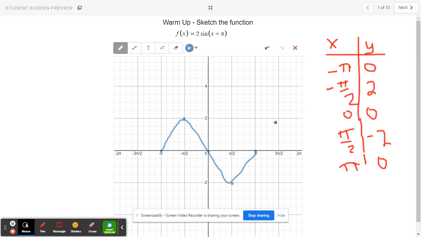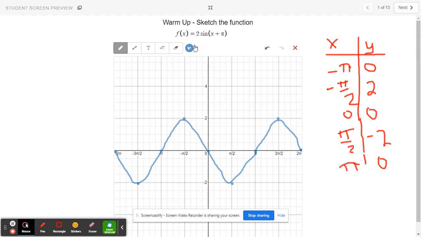And obviously we could continue the graph. 3 pi halves would be 2, 2 pi would be 0. Over here, negative 3 pi halves would be negative 2, negative 2 pi would be 0. So we could continue our graph like this.